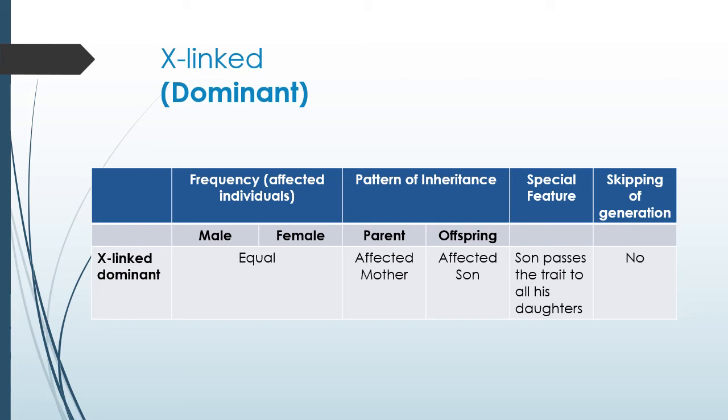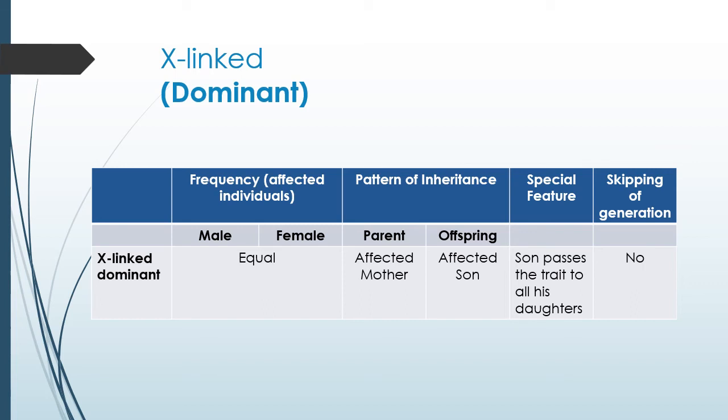Its distinguishing features are summarized in this table. Based on prevalence, there is equal likelihood that the inherited trait will affect males and females in a given generation. Most of the time, the affected mother will bear a son who has inherited that dominant X-linked trait.